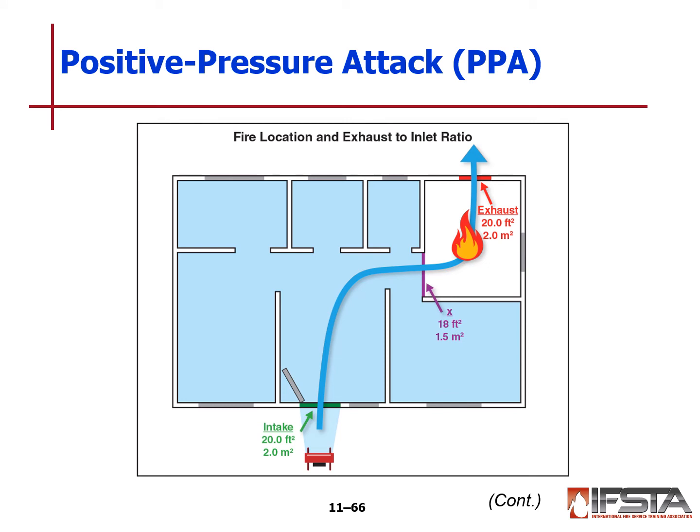This is an interior diagram explaining what our goal is. So again, the intake, we want to set your fan back far enough to create the cone here with this opening, and we want to exhaust it out and make things more tenable.